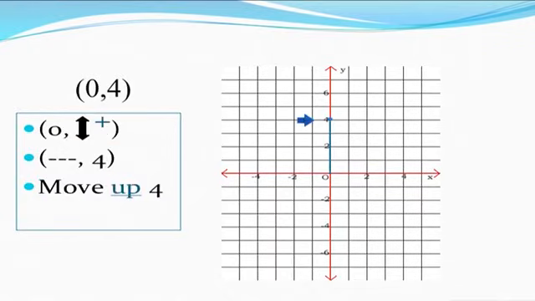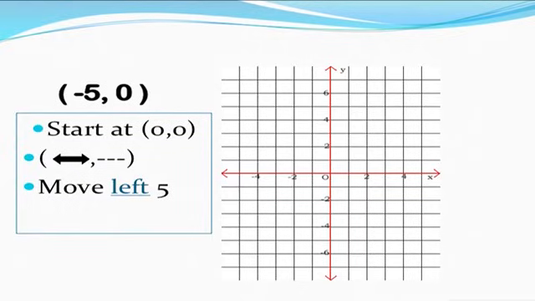Then 4 as the y coordinate is positive, so we move up by 4 points on the y axis, and the point is 0, 4. We can see it is lying on the y axis. So we should understand this conclusion: when the x coordinate of any point is 0, the point will lie on the y axis.